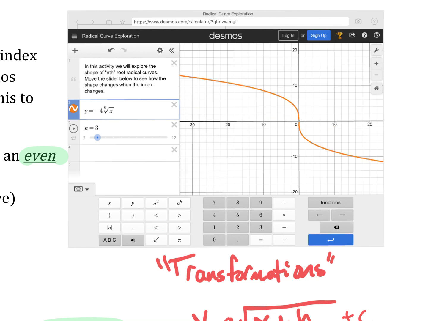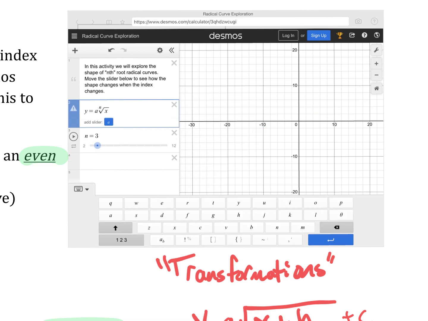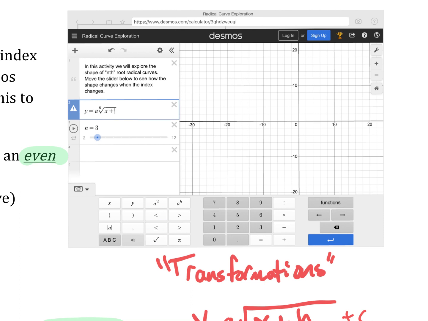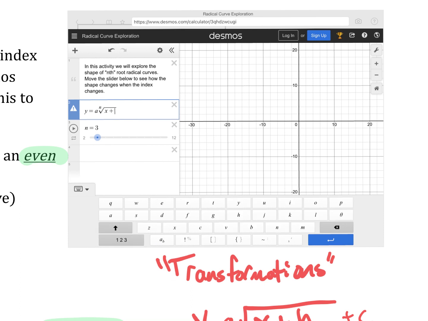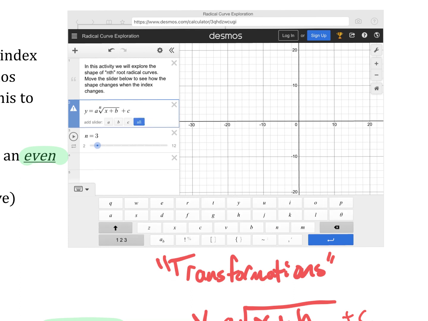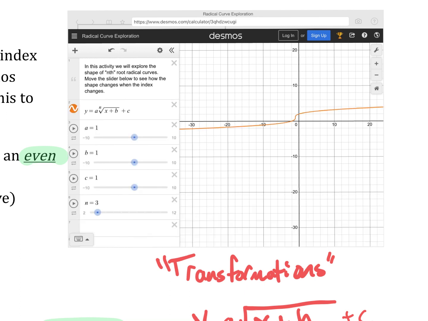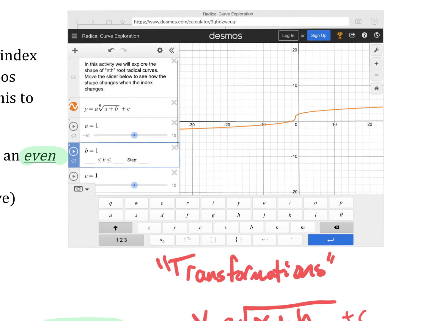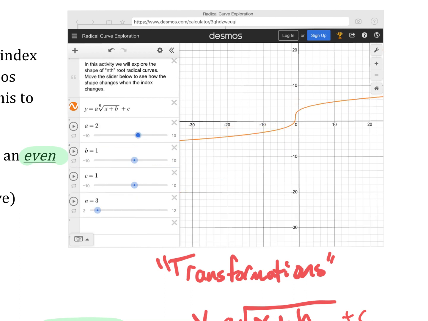Okay. All right. And I'll show you one more really nice thing here in Desmos. You can type in this A plus B plus C if you want to experiment with this on your own. And it will ask you if you want to add sliders, and we can add sliders. And now these numbers get put in there.